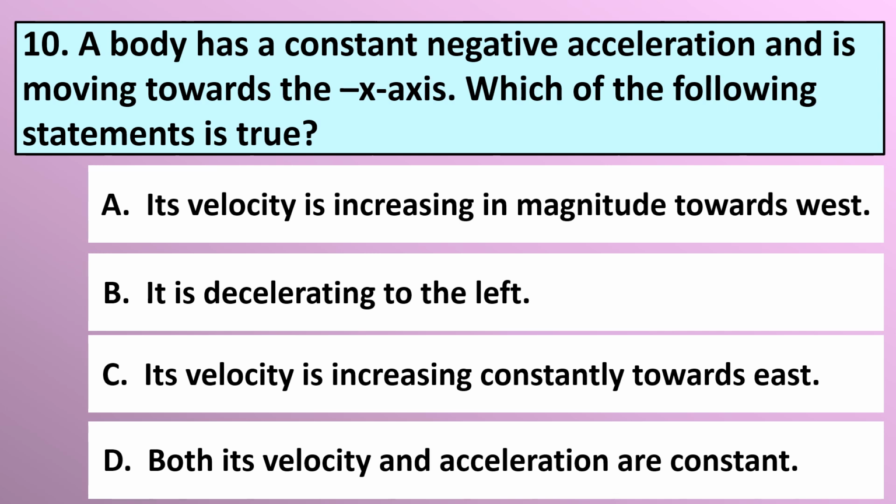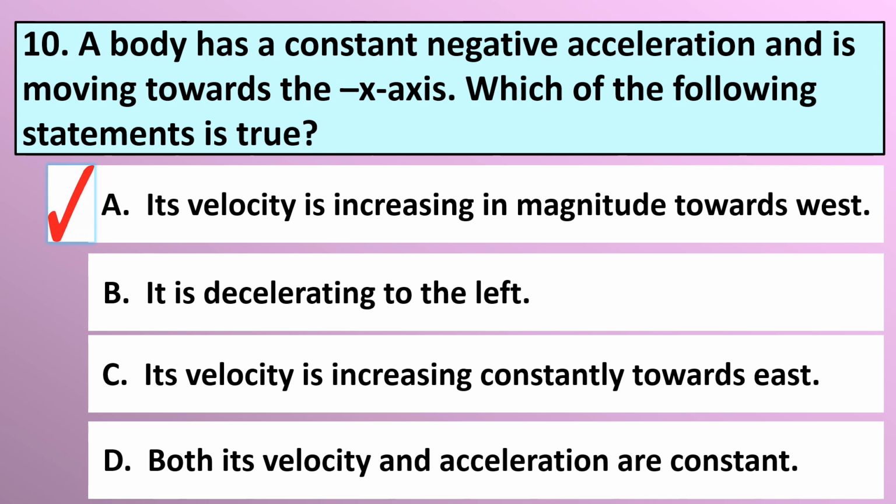Okay, so you will notice that option letter C already contradicts the condition given in the question, because the question says that the body is moving towards the negative x-axis, and so it contradicts what's stated in letter C, towards east. Alright, so how about letter D?